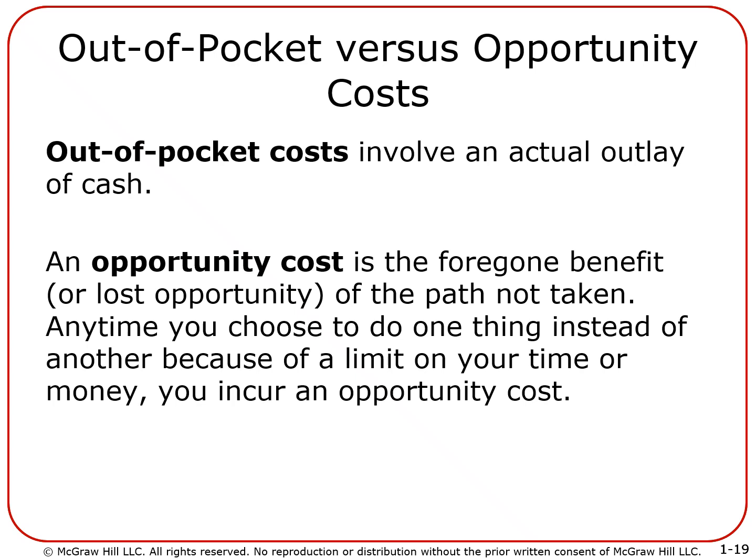However, that's not the only cost that you are effectively bearing. Because you are coming to school, you are not making that $15,000 that you were getting by working in McDonald's. So that money that you were not making is the cost of the lost opportunity. So this is a foregone benefit. Because of coming to school, you are foregoing this benefit. So that $15,000 is your opportunity cost, right?